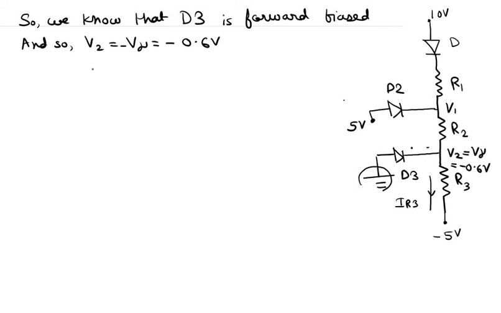And so this current IR1 is 10 volts minus the voltage drop across this diode, which is V gamma, minus this voltage V2 at this node, divided by R1 plus R2.